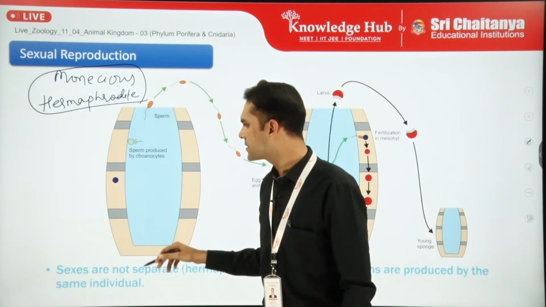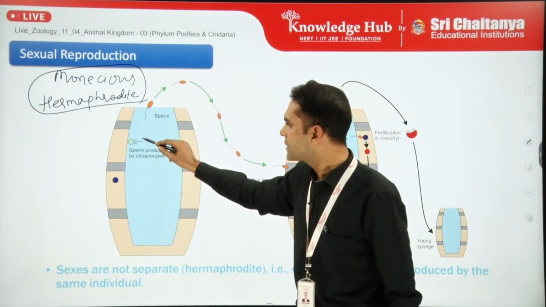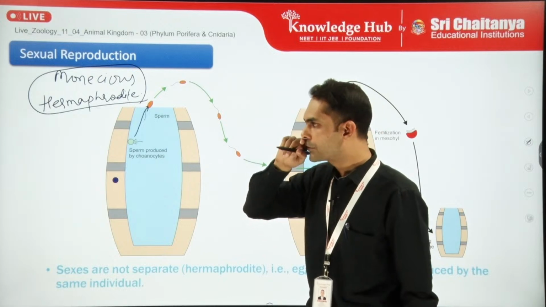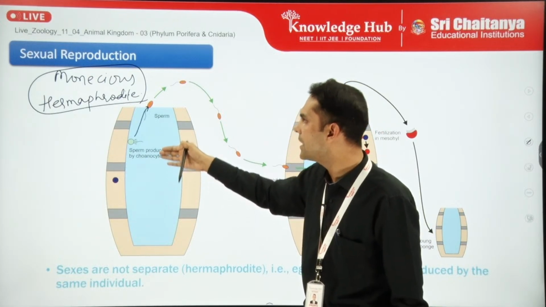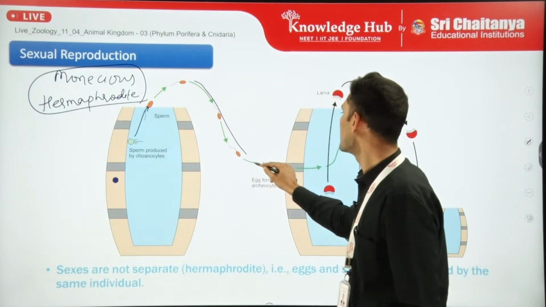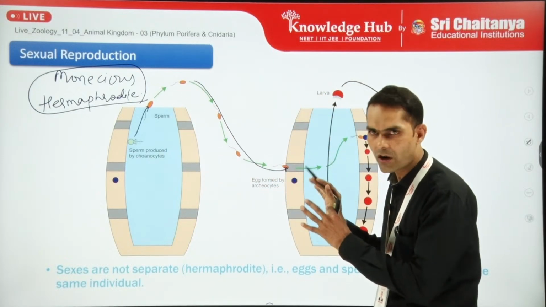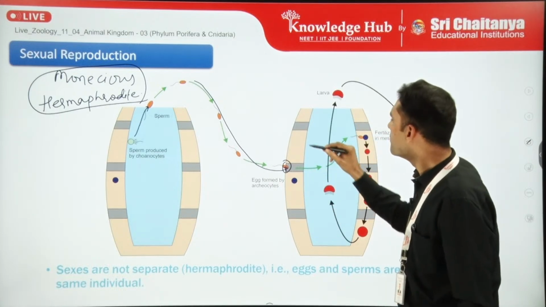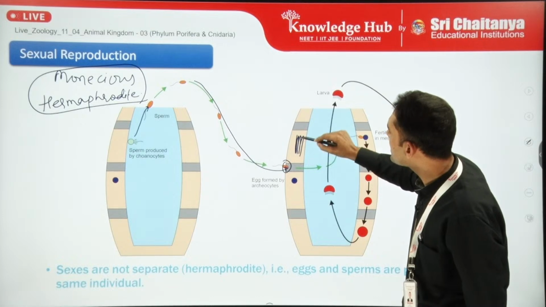Now, as you can see in this diagram, choanocytes are differentiating and giving rise to germ cells, which are the sperm. Sperm will be released into the paragastric cavity and will exit through the osculum. When it comes into contact with another poriferan body through an ostium or ostia, it will enter into the mesohyl layer or the mesenchyme layer.